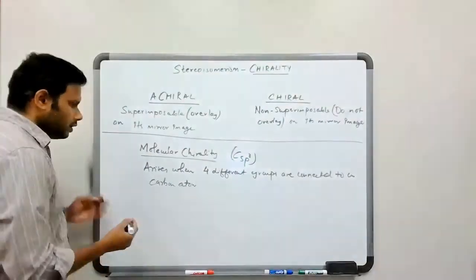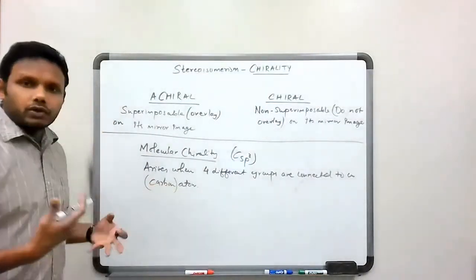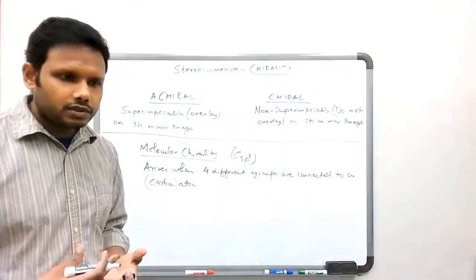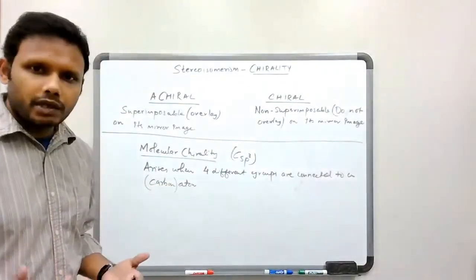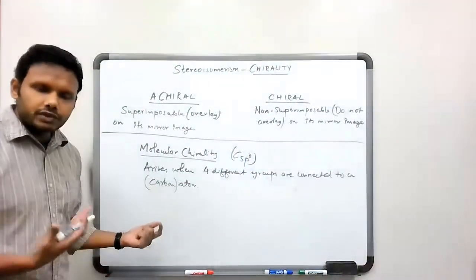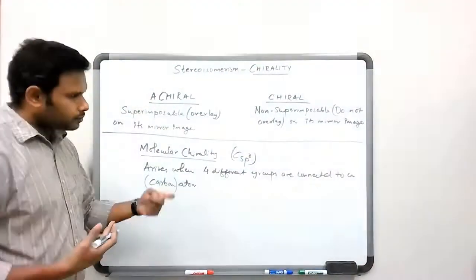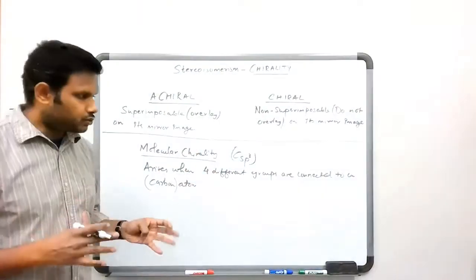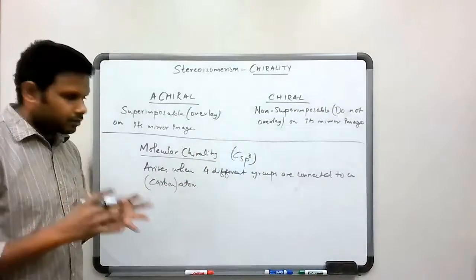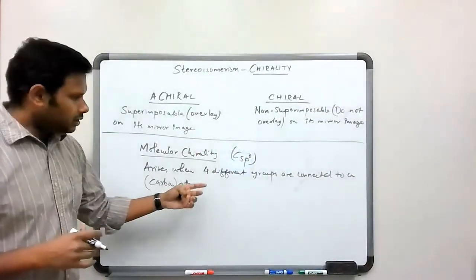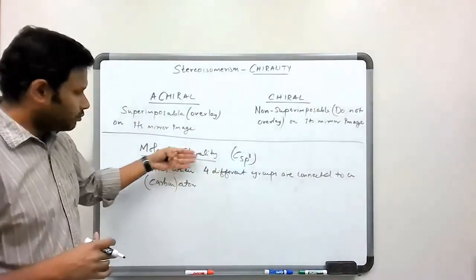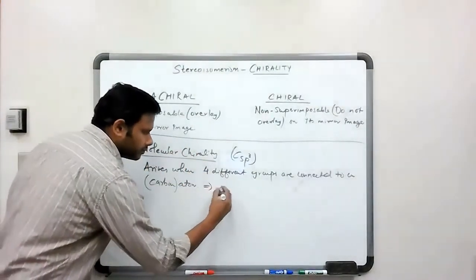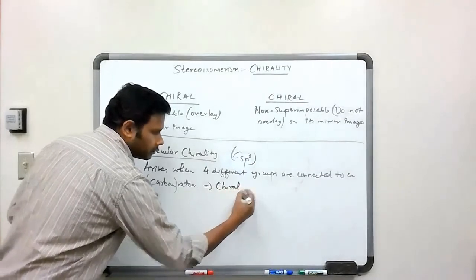Honestly, we are talking about organic compounds. That's what it's referring to, carbon, but it could be nitrogen, it could be phosphorus, it could be any other element, okay? When it has four different groups connected to it, then the key here is we are talking about tetrahedral geometry, okay? To keep things simple again, then we will get molecular chirality. The molecule becomes chiral. Okay, this will give us chiral.